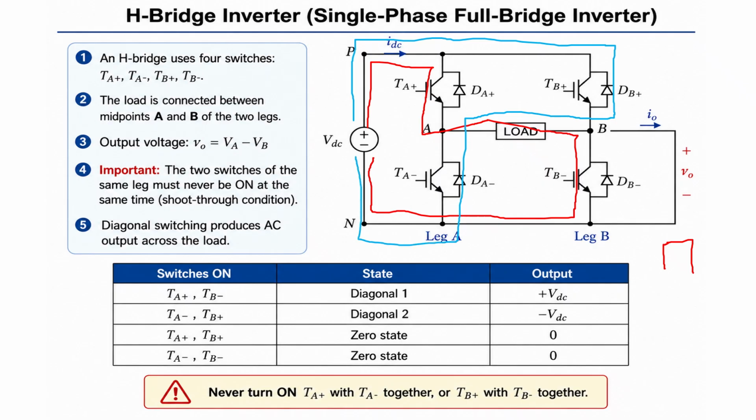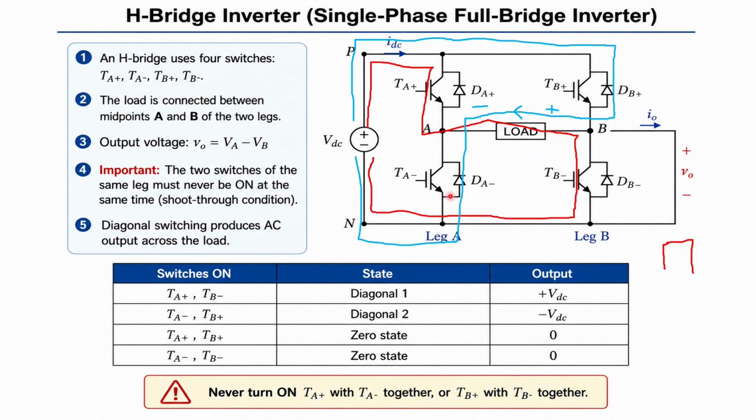So the current direction is reversed. The opposite side of the load is connected to the positive side of the supply, and this side is connected to the negative side of the supply. So you can see that the output voltage is minus VDC.